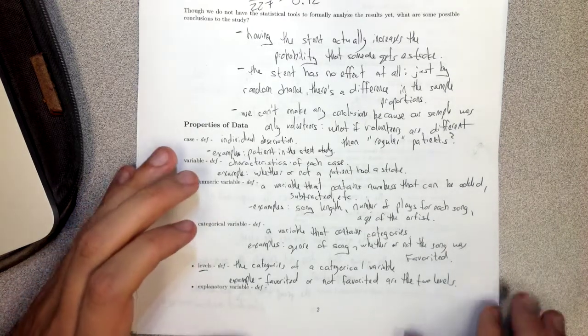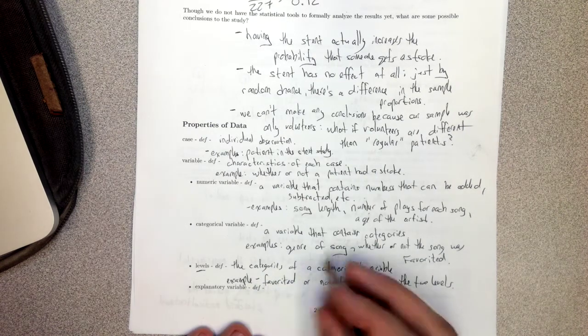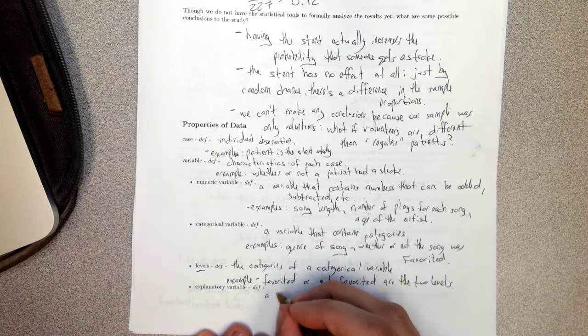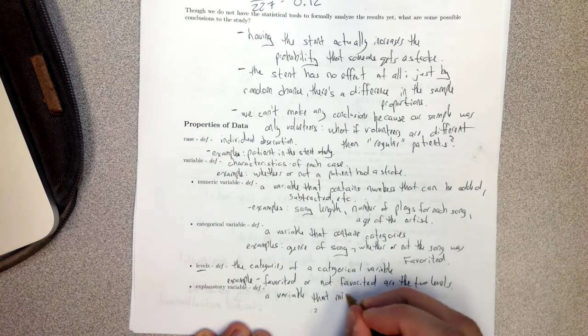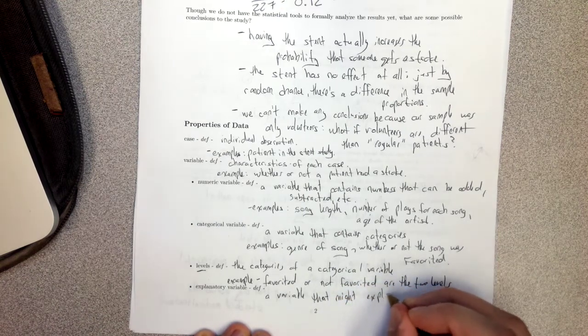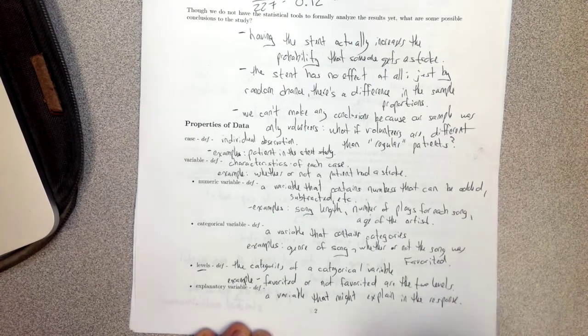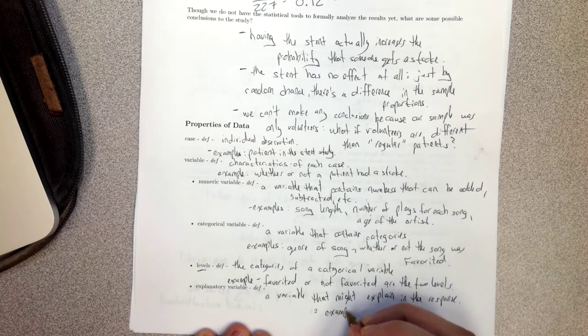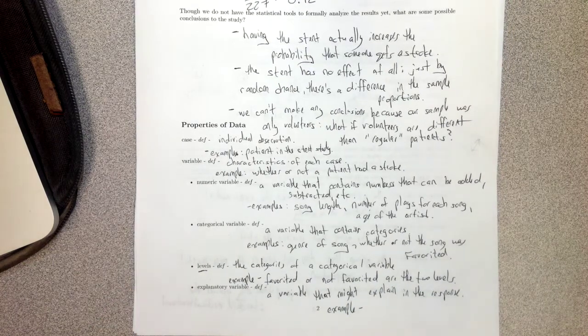Okay, and a couple other different types of variables. These can be either numeric or categorical. The explanatory variable we're just thinking about as a variable that might explain something in the response. In that stent study, remember we had whether or not the patient had a stroke and whether or not the patient got the treatment.